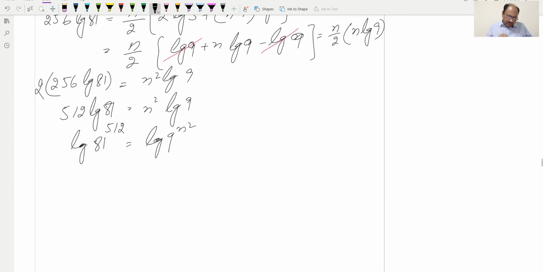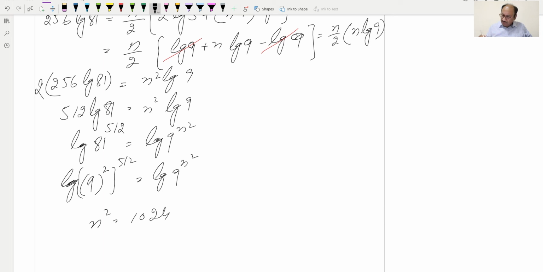So we can write log of 9 squared, and the whole raised to the power 512, will be equal to log of 9 raised to the power n squared. So log 9 we can leave from both sides, so these two will be multiplied, and it will be n squared.